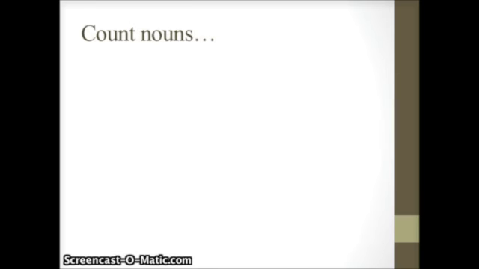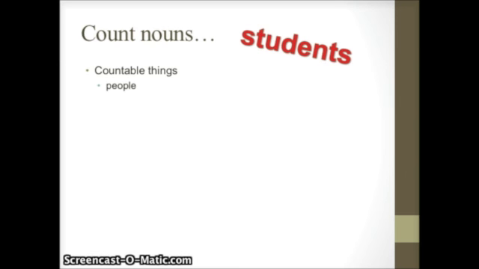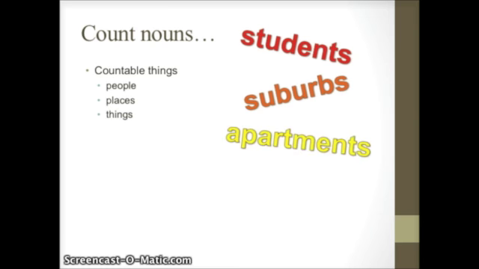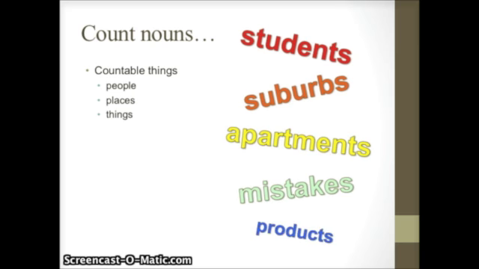When talking about nouns, people, places, or things, and when referring to one or many of the items, we generally are talking about countable things. These are things such as students, suburbs, apartments, mistakes, products, and so on.